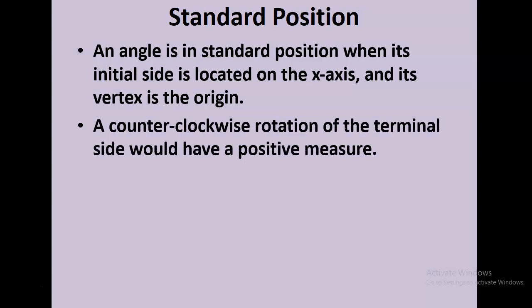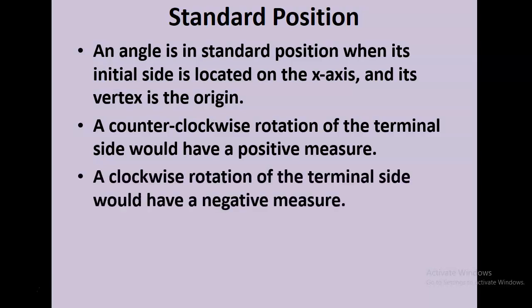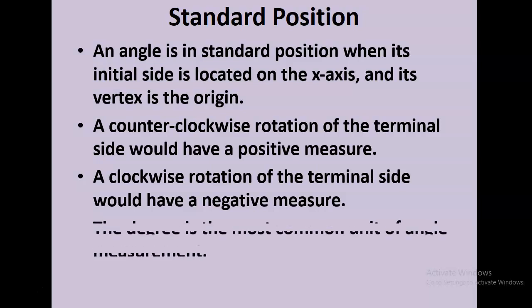If we rotate the terminal side counterclockwise, meaning to the left, that gives us a positive angle measure. We'll look at some examples in a minute. If we rotate it clockwise, meaning to the right, that gives us a negative angle measure. So we have positive angles and negative angles, and the only difference between the two is the direction the angle is moving.